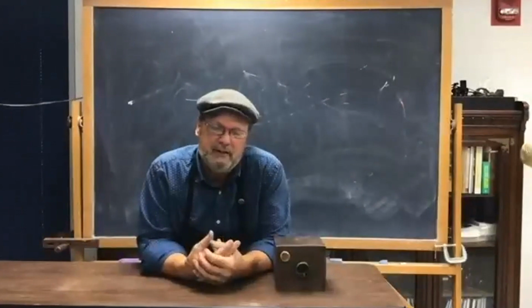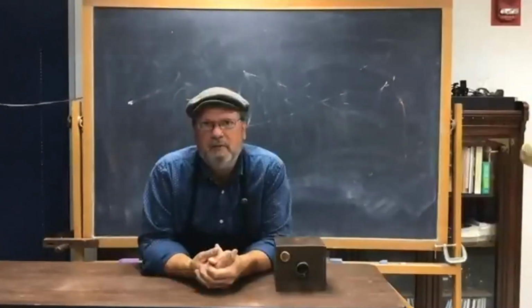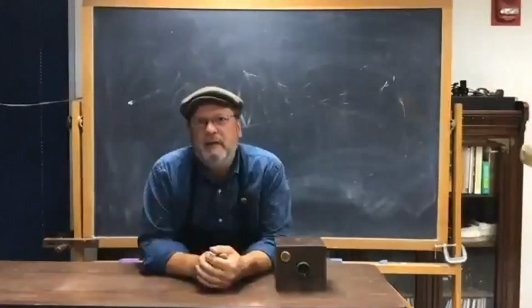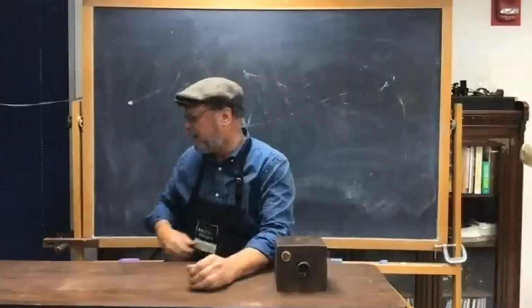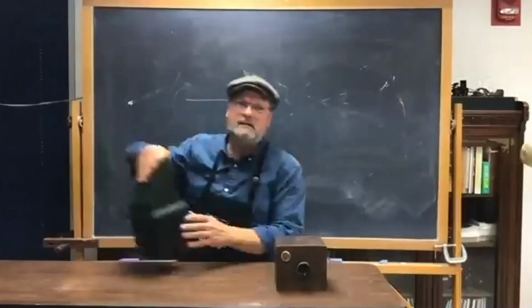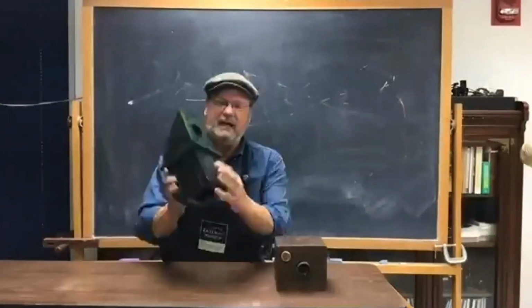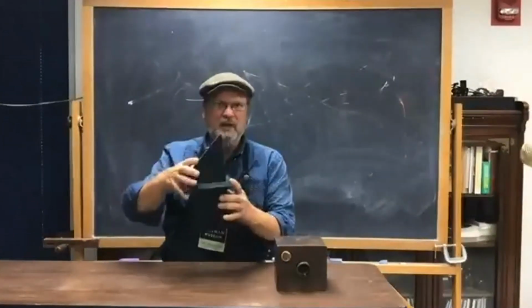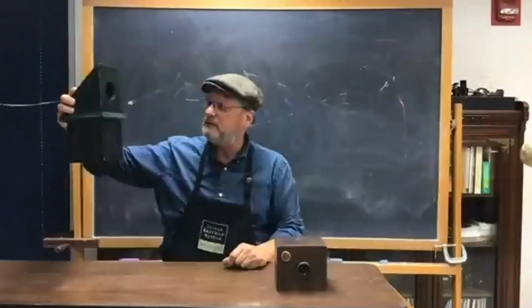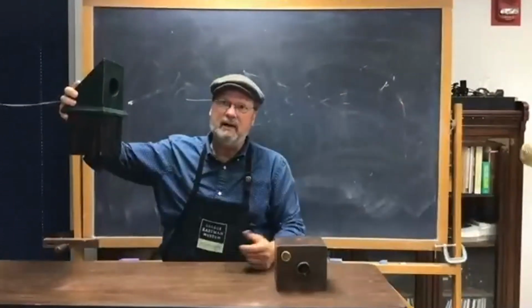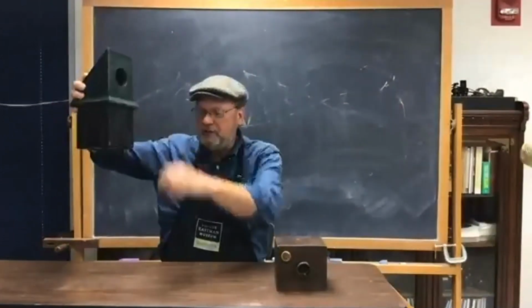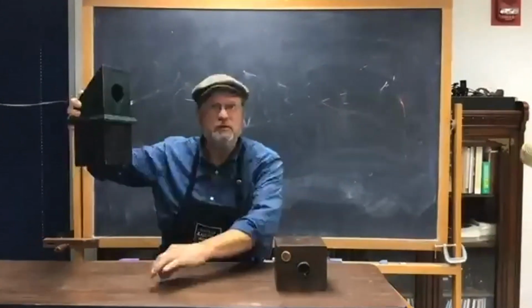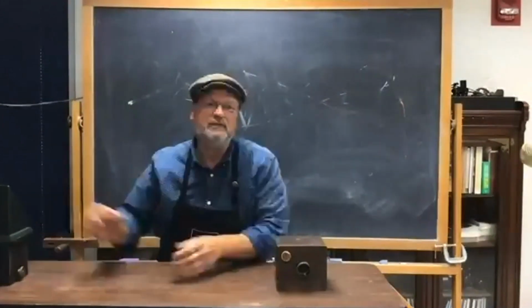And I didn't get into the tent camera obscura, which is another direction I could have gotten. But if you put a lens in the bottom of a box like this with a mirror, this can be mounted on a tent or anything else for that matter, and it will project an image down onto paper, which you can then trace. That's a good question.